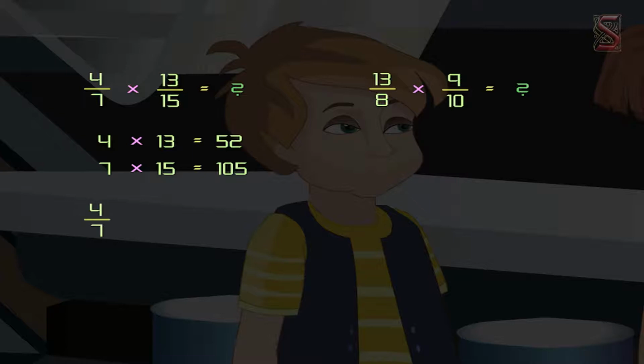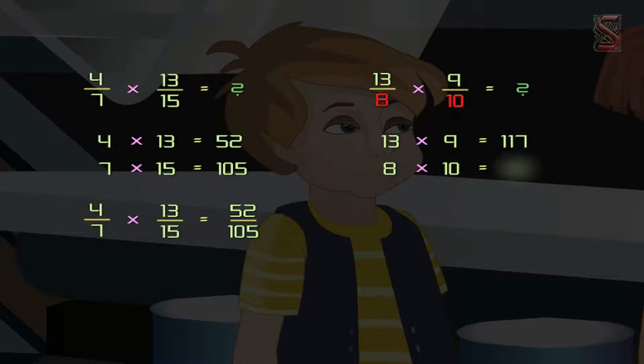Hence, 4 by 7 multiplied by 13 by 15 equals 52 by 105. Multiplying the numerators separately, that is 13 into 9, we get 117. Multiplying the denominators separately, 8 into 10, we get 80. Hence, 13 by 8 multiplied by 9 by 10 equals 117 by 80.